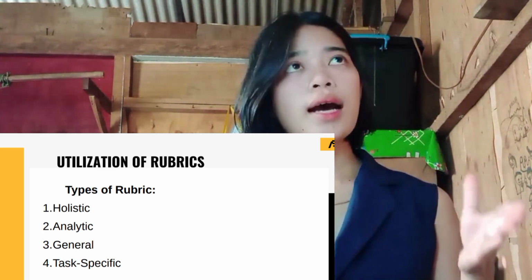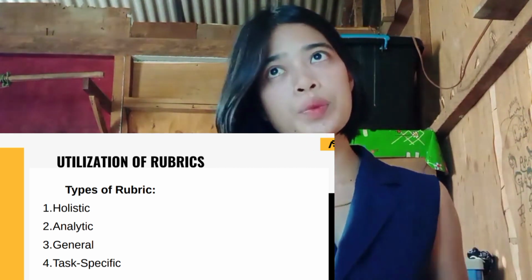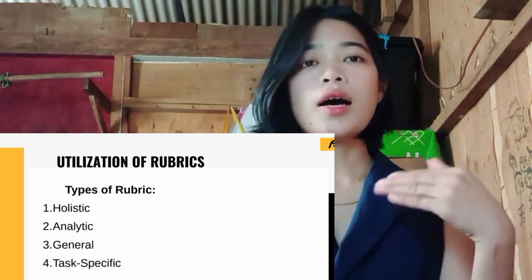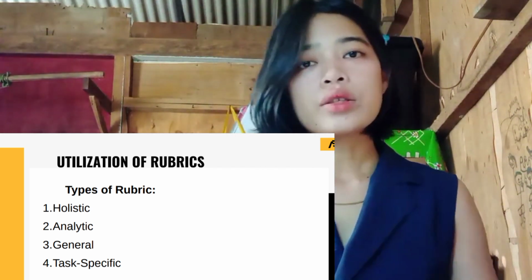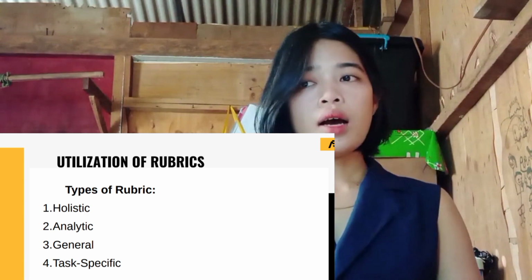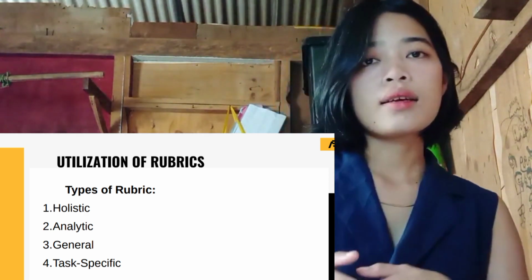The general and the task-specific rubrics are also like holistic and analytic. Now, provided the example of holistic and analytic rubrics, among the number of alternative assessment methods that mathematics teachers can use.